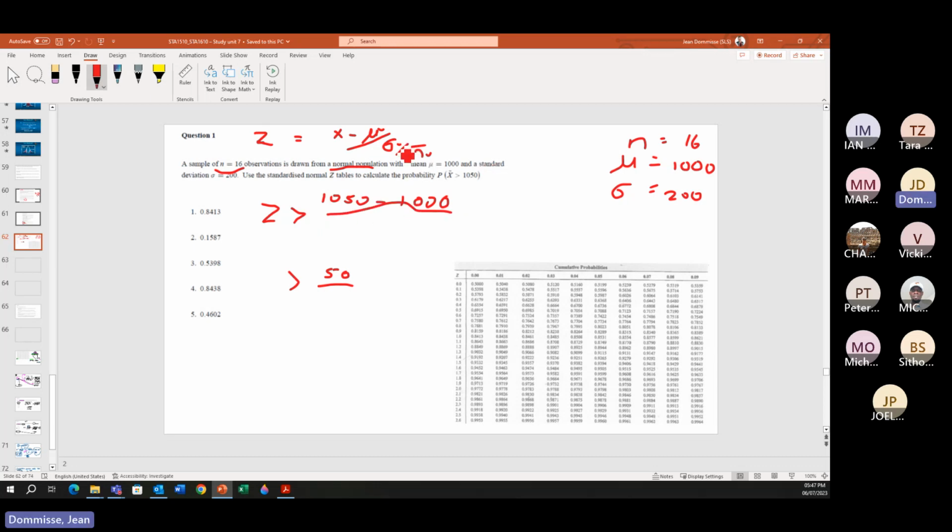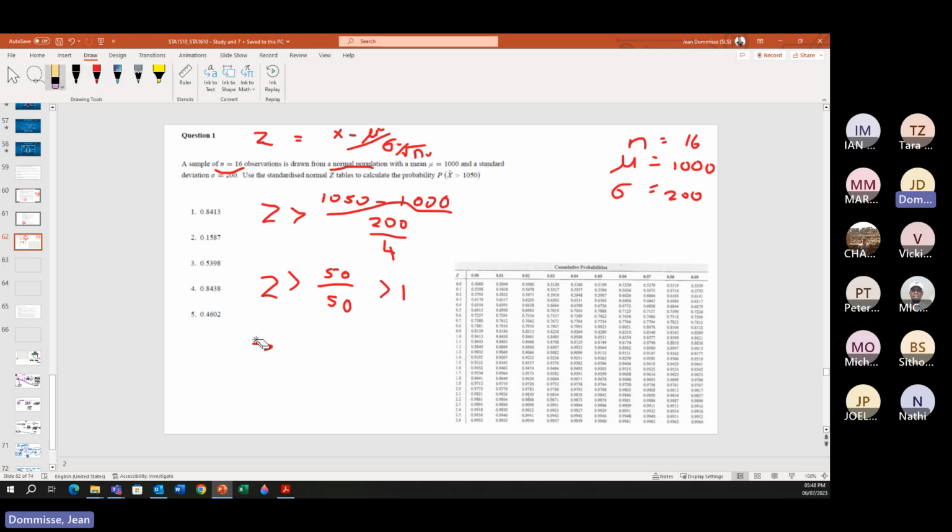Then we need to divide by the standard deviation, which is 200, divided by the square root of n. N is 16, so we can say that is divided by 4. So 200 divided by 4 is 50. So in the end, we would need to calculate that Z is bigger than 1.